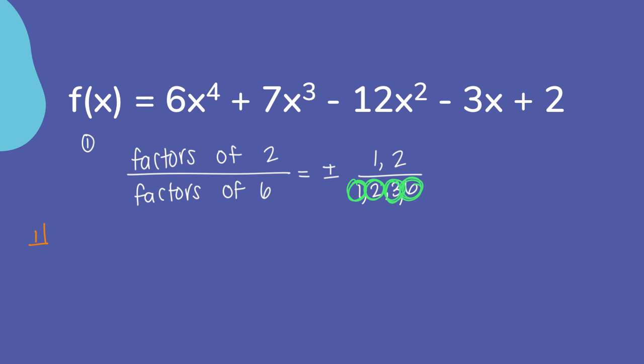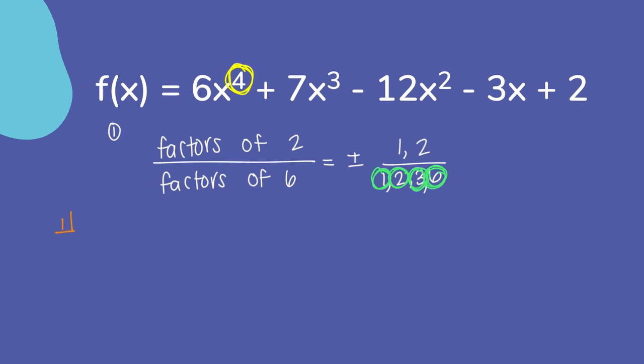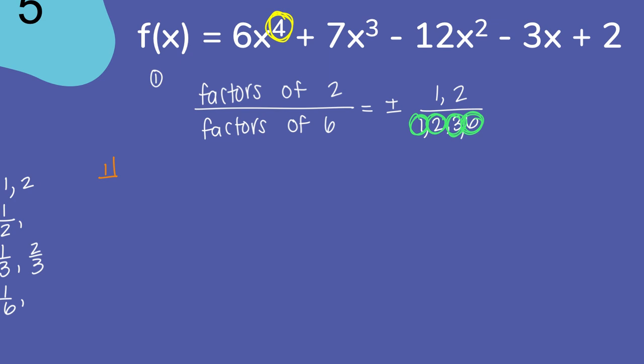I'm going to have 4 answers because it's my highest degree. Okay, so I know I'm going to have 4 answers. So let's go ahead and get started with this one. You're taking all your coefficients. I have 6, 7, negative 12, negative 3, and 2.